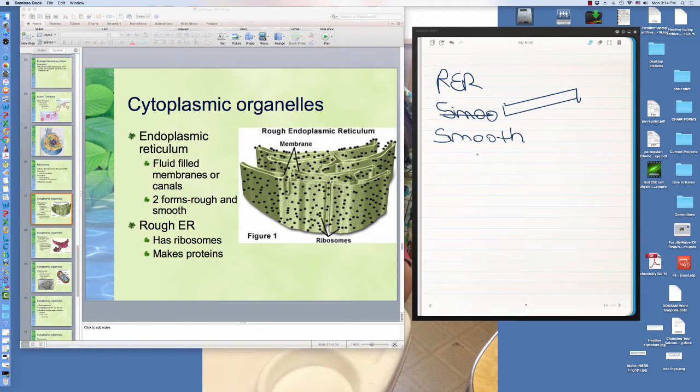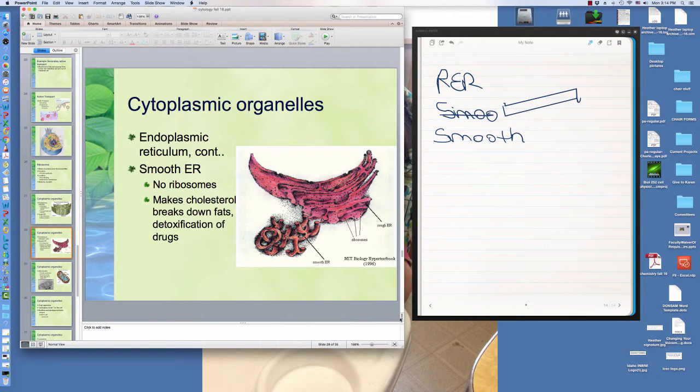And the function of the smooth endoplasmic reticulum is that it makes some cholesterol. So one of the functions is to make cholesterol.